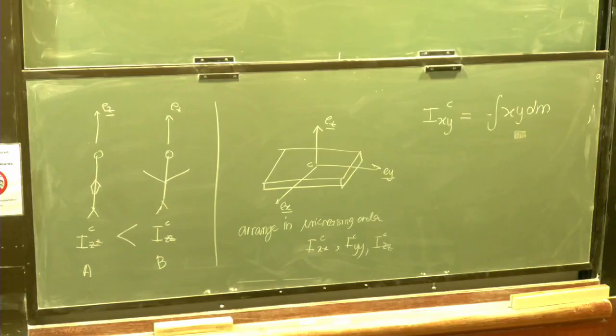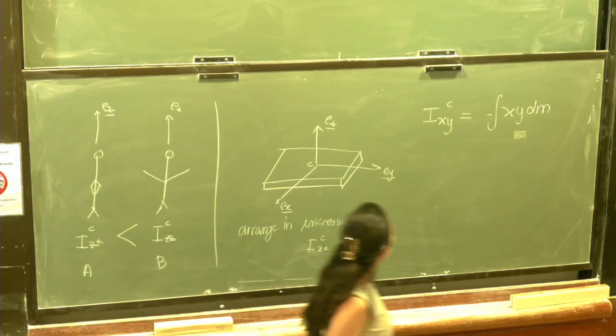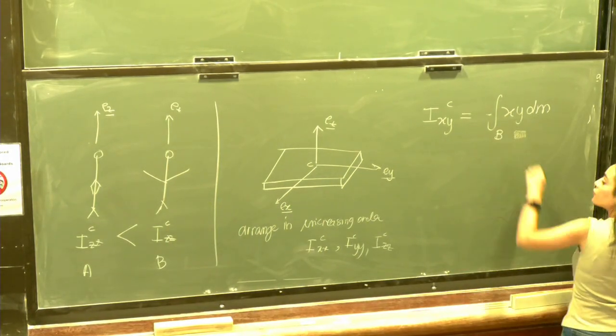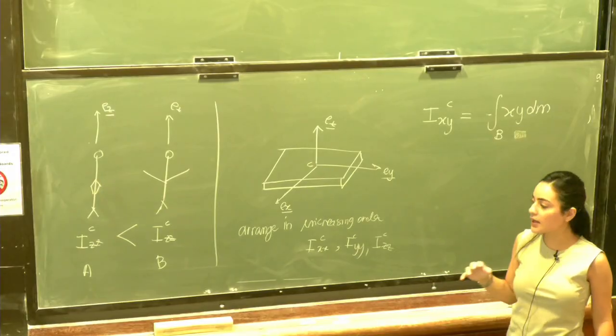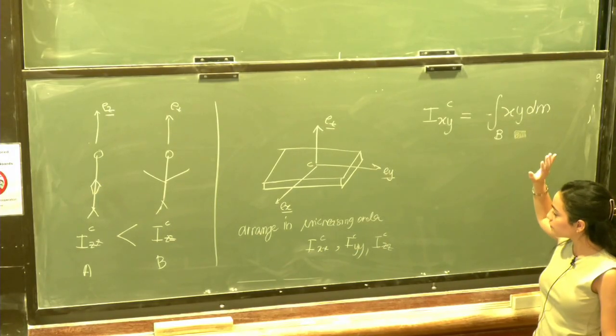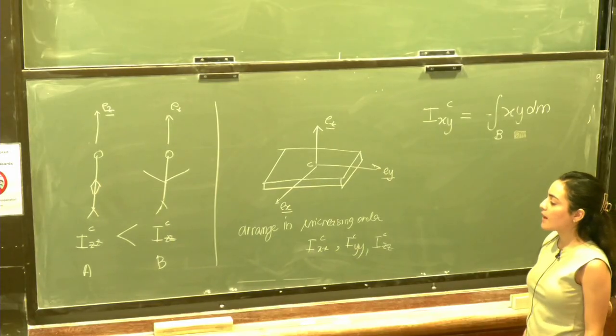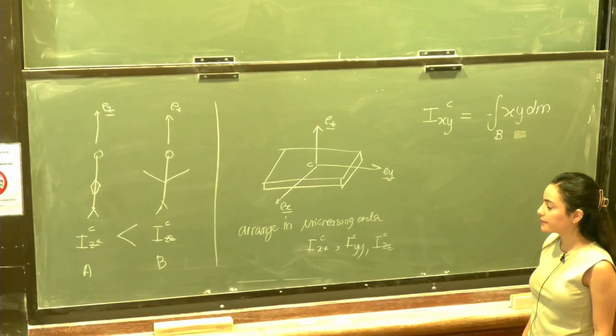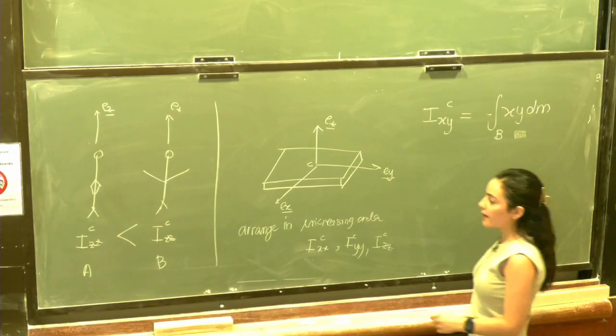Our convention is going to be to take Ixy to be the minus integral of xy dm. Okay? So going back here, the integral of xy dm over the body. So for all the points on the body, I'm integrating xy dm. Let me add some dimensions here.